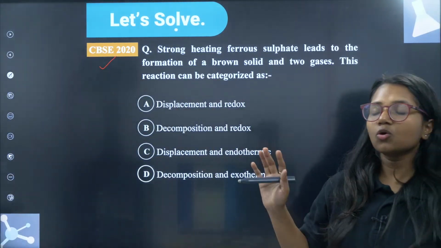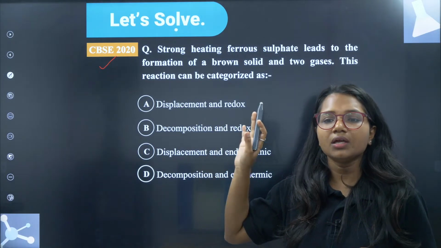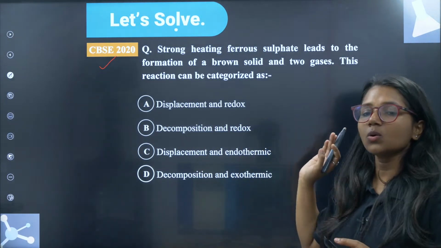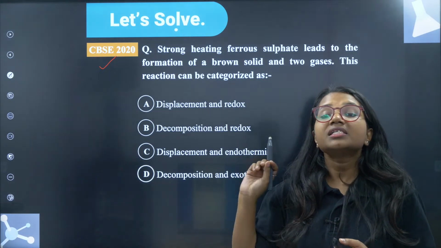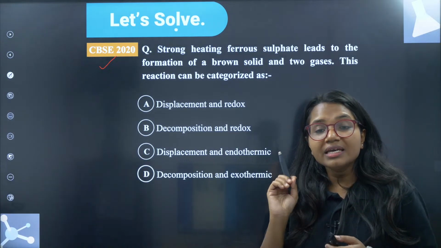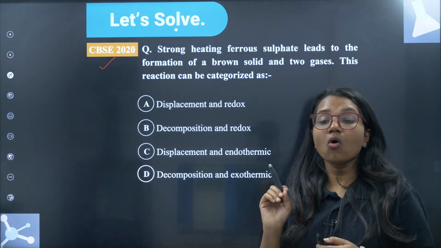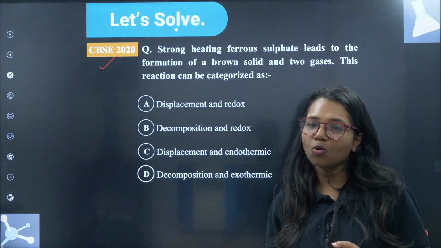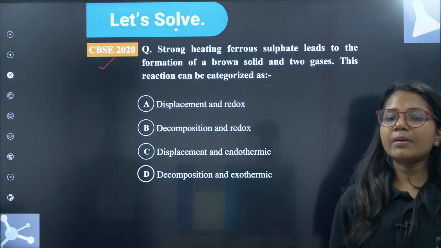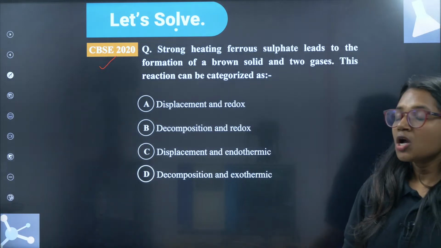This is the previous year question which was asked in 2020. So just read the question and let me know what you have understood. Okay, the initial 10 seconds should be there to read the question and understand what they are asking in the question. Okay, fine. So how many of you will be able to tell me the answer for this?